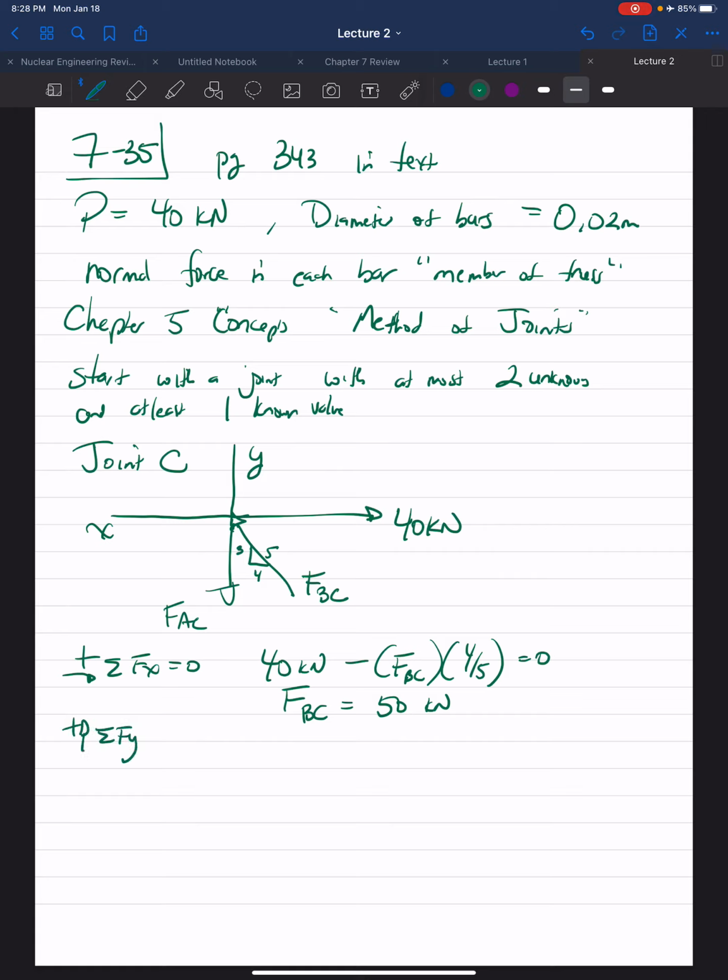Sum of your forces in the y direction equals 0. You now know what FBC is. So that's the 50 kilonewtons FBC times the 3/5 to get the vertical component of the FBC minus your FAC. Therefore, your FAC is 30 kilonewtons. FAC is in tension. FBC is in compression. FBC is pushing at the joint, and FAC is pulling from the joint C.